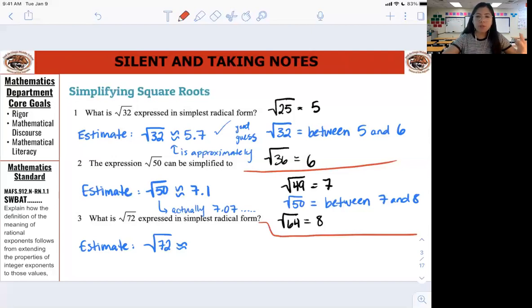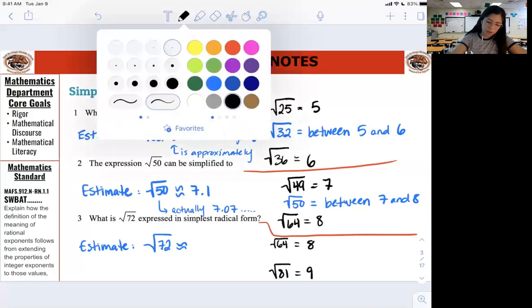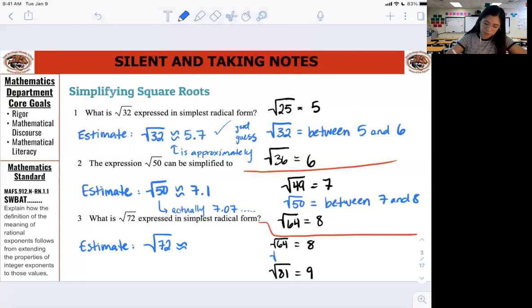Now, what are the two closest perfect squares to the number 72? 9. So the square root of 81 is 9. And then on the other side? 8. The square root of 64 is 8. So the square root of 72 is going to be in the middle.